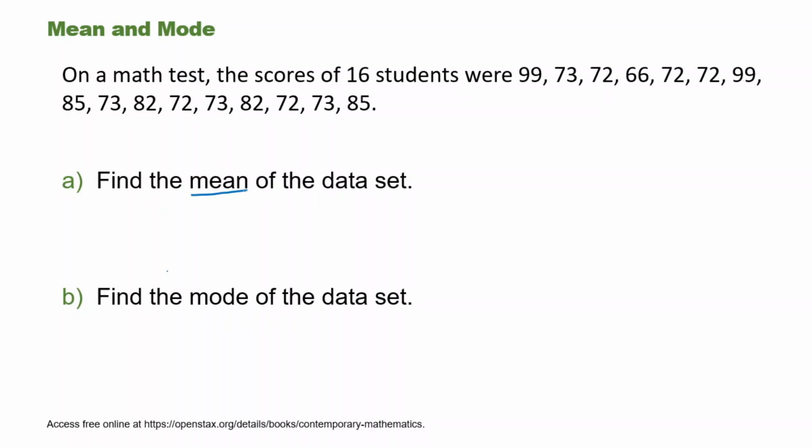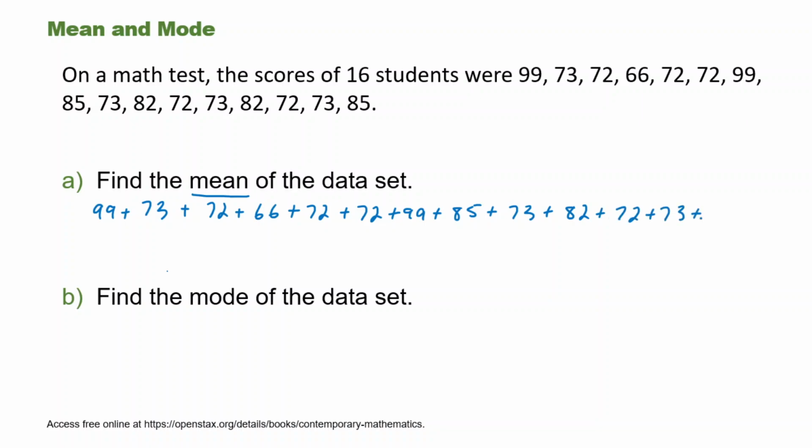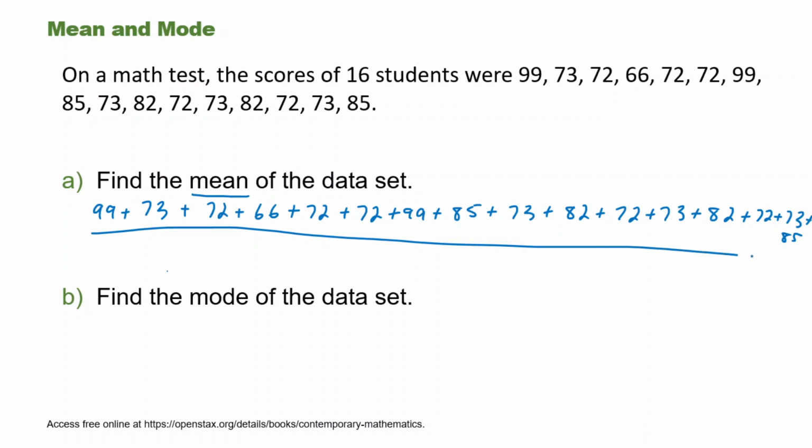The mean of the data set is found by finding the total of the data and then dividing by the number of pieces of data there are. And so we will write this as 99 plus 73 plus 72 plus 66 plus 72 plus 72 plus 99 plus 85 plus 73 plus 82 plus 72 plus 73 plus 82 plus 72 plus 73 plus 85, and then all of that divided by the number of pieces of data.